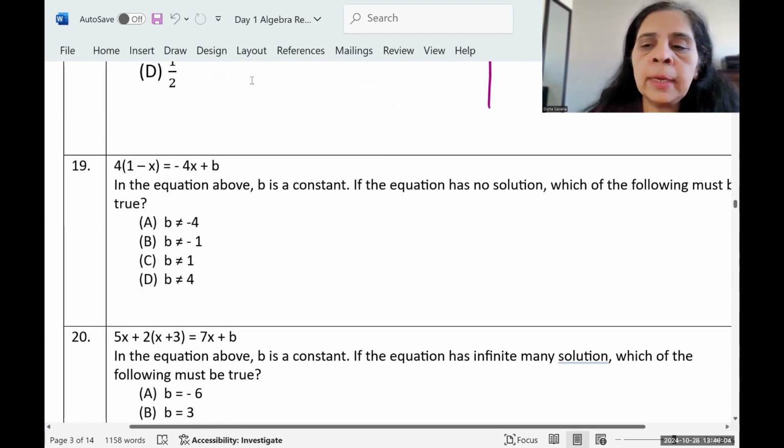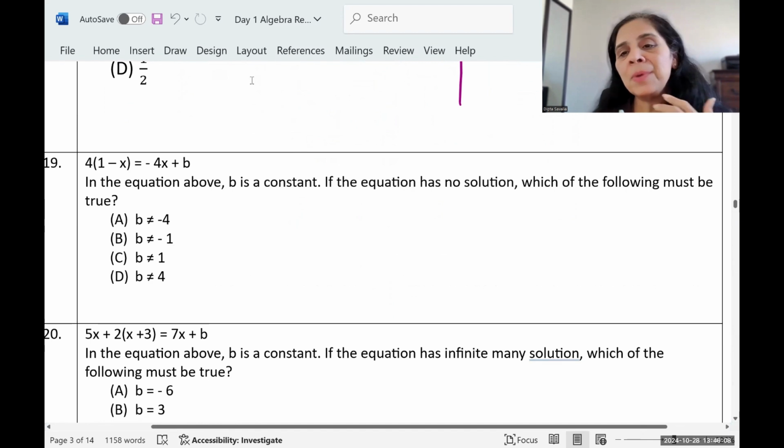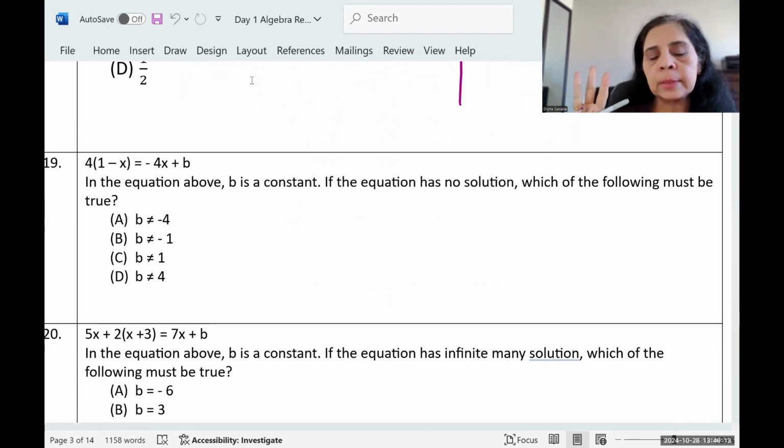All right, number 19. Okay, so whenever we have a linear equation, we have 3 answer possibilities.